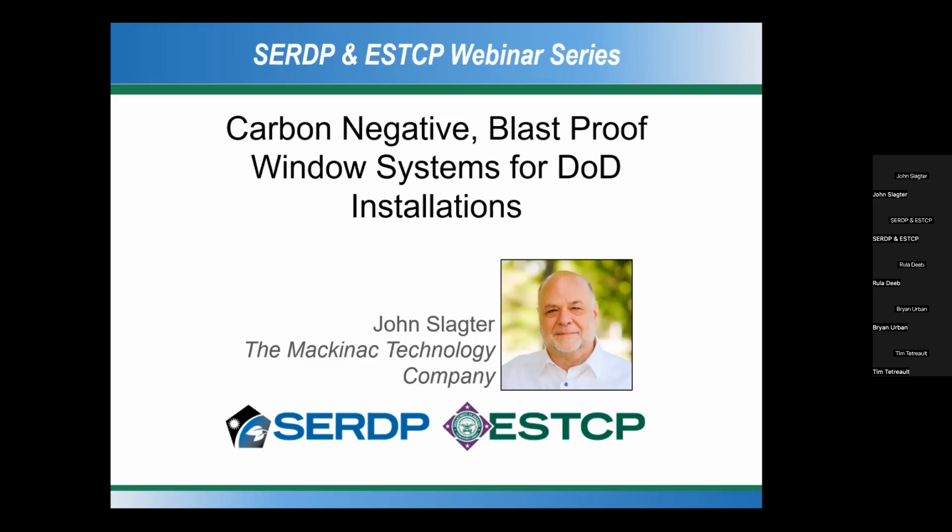Mechanic has since grown into a multinational business with R&D operations in both North America and Europe. John himself is currently serving as a PI for a partnership project funded by ARPA-E and ESTCP on demonstrating the energy savings of Mechanic's window energy management system, which you're going to be hearing about today.